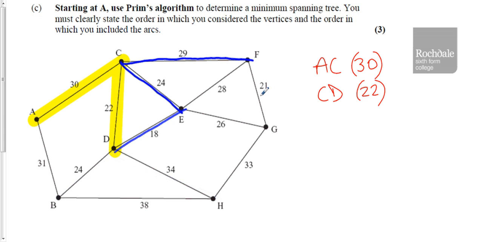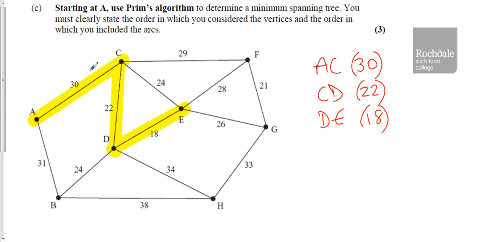I couldn't choose, for example, FG, which is 21, because that doesn't connect with my current tree. So out of all the options, 18 is the smallest. So my next edge in the tree is DE, which is 18.